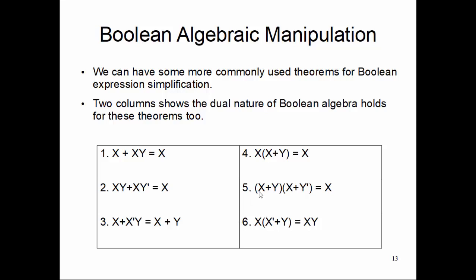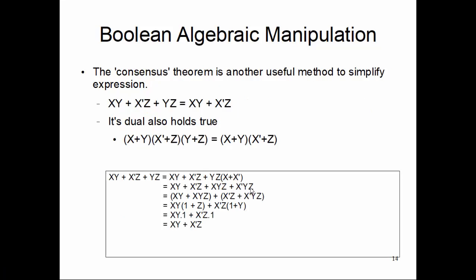Okay. And there is one more interesting relation, I would say an expression reduction toolkit, which is called the consensus theorem. So this one says that if two different variables, here y and z, are ANDed with the uncomplemented and complemented form of one other variable, like x in this case.